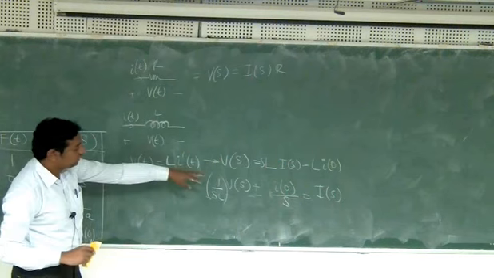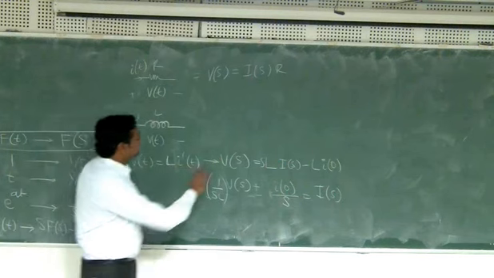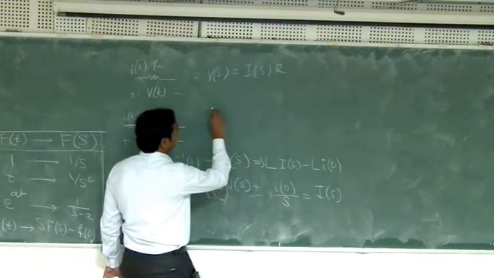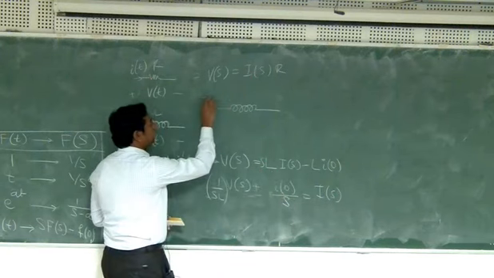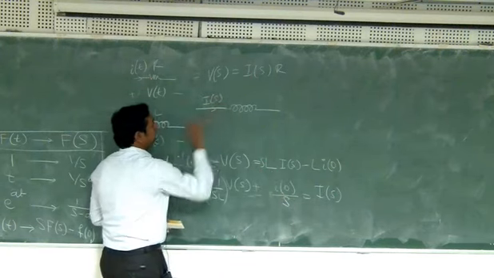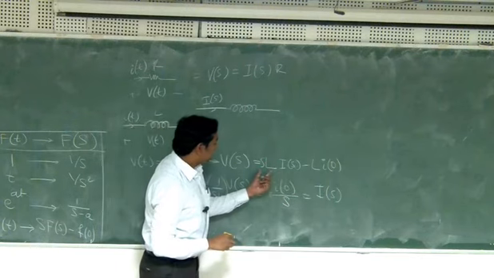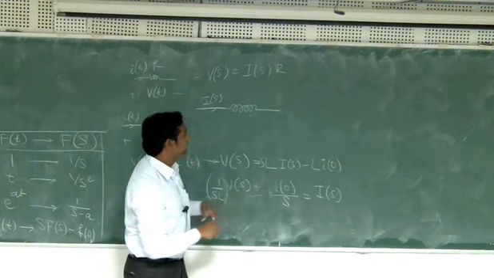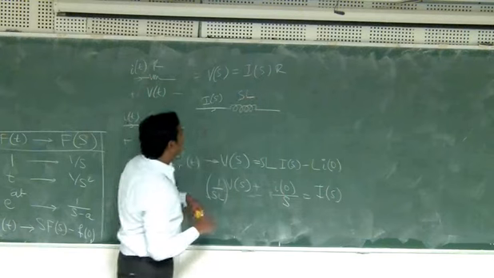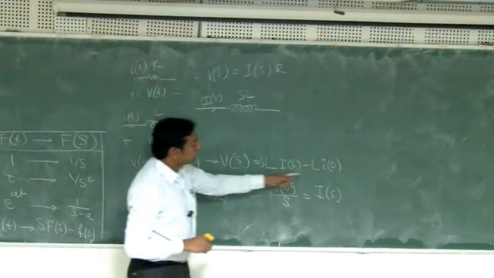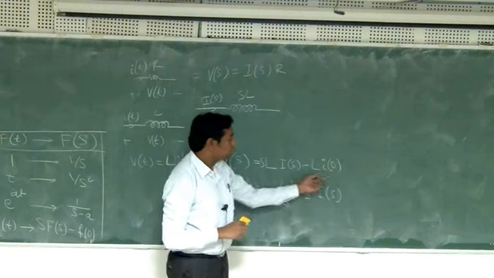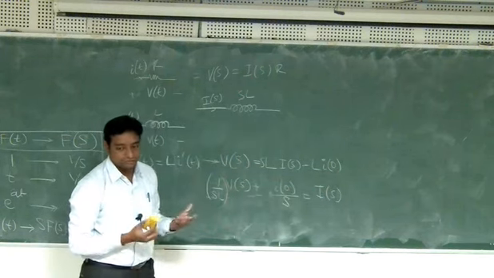So let's draw the circuit of this quickly. So this term is the impedance and this is the current. The current is I of s, and the impedance is s into L. So current into impedance will be some voltage here. But if there was already some initial current, that will also consume some voltage.